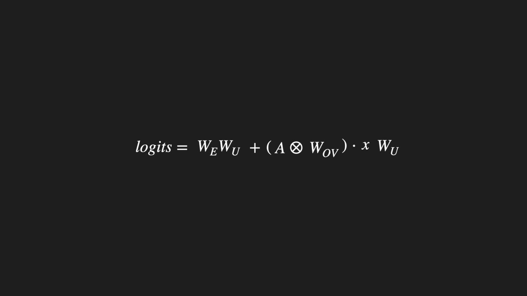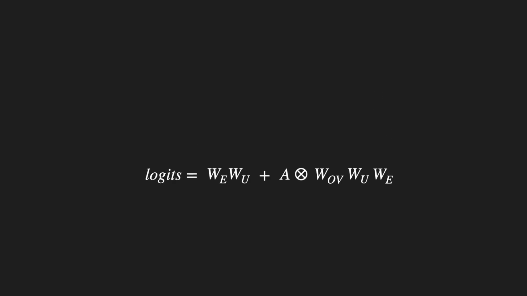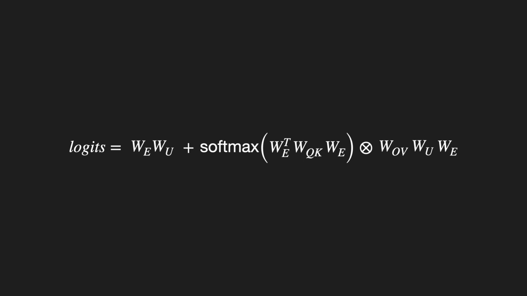And then we could do some distribution here. So right there, I'm distributing the unembedding matrix inside of that. We know that this right there, x, is our embedding matrix, so you can move that down. The next thing we know is that the attention matrix is calculated using the softmax, using the QK circuit. And we could just pull that down right there.